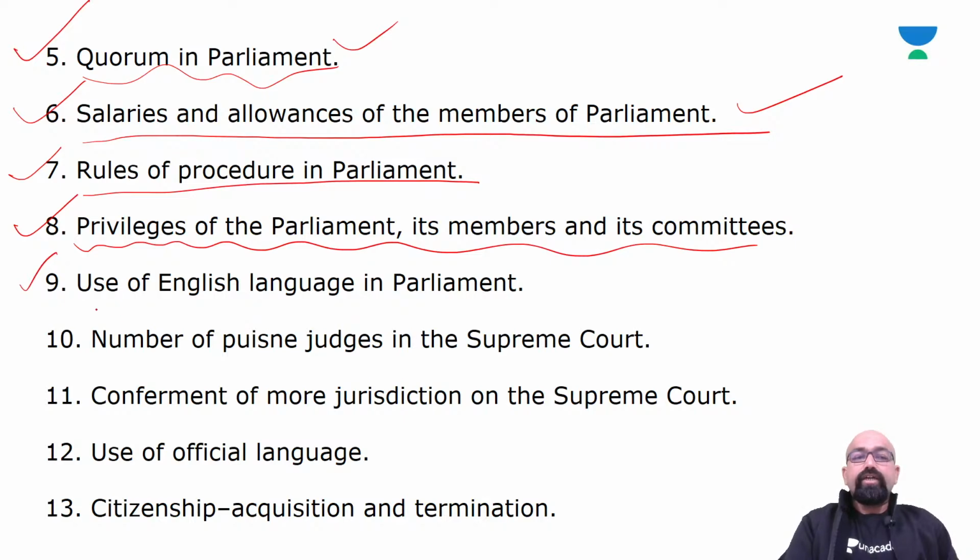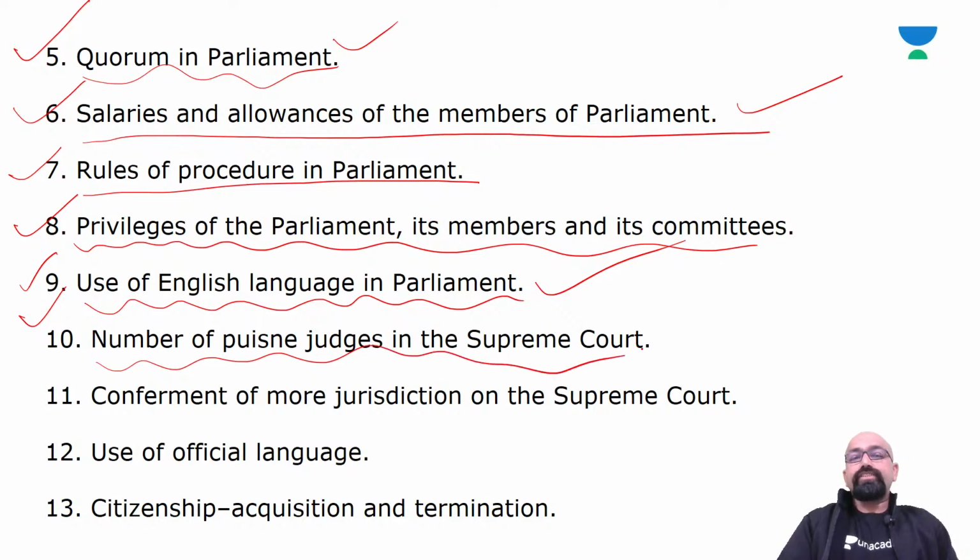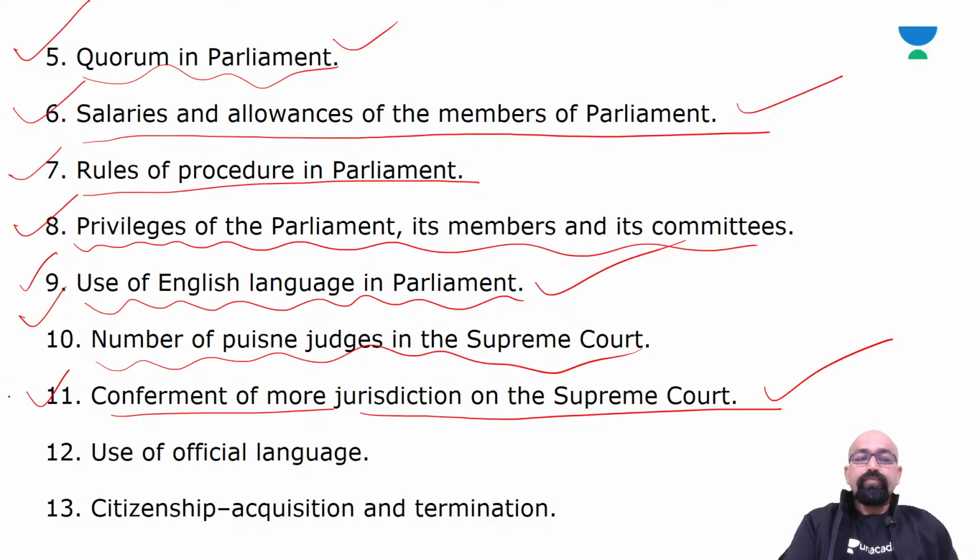Next provision is use of English language in Parliament. Then, number of judges in the Supreme Court, this provision can be amended using this simple majority in our Parliament. Conferment of more jurisdiction on the Supreme Court. This is an important provision, we can say.